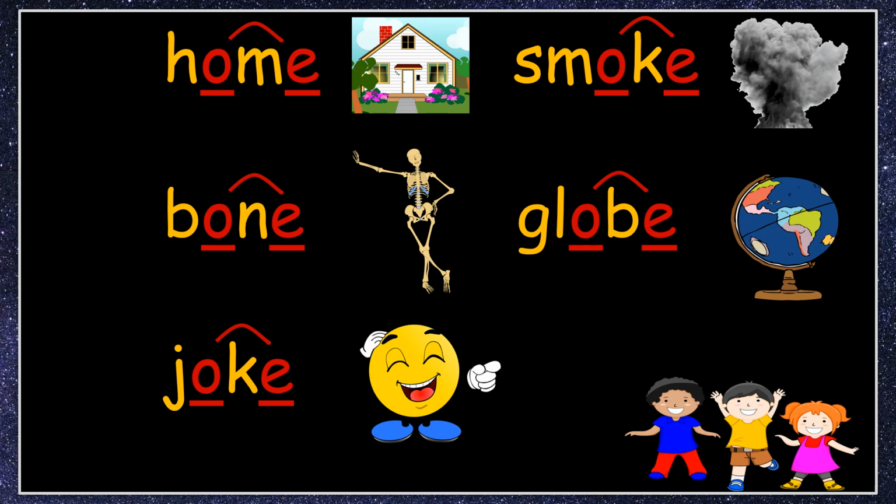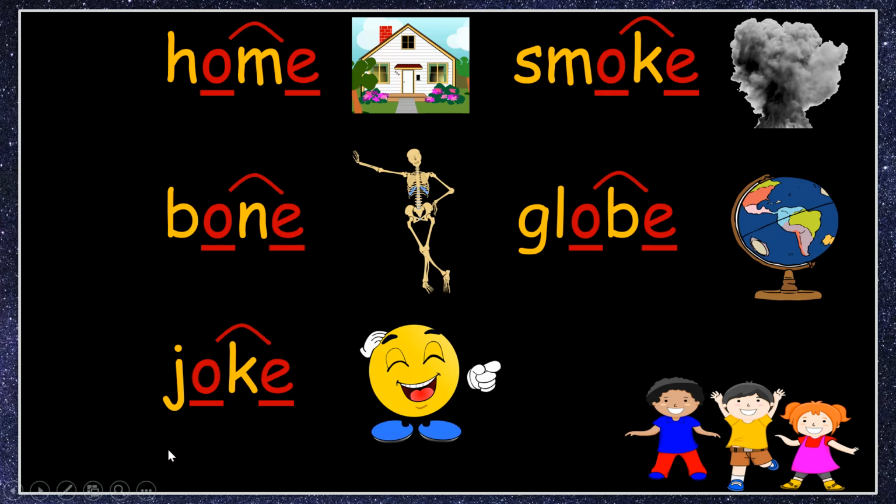Alright, come. What time is it now? Yes, it's practice time. Let's have a look at the words again that have the O sound in it. The first word is home. Good. Home. The second word here is bone. Bone.